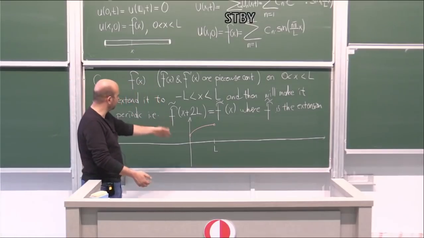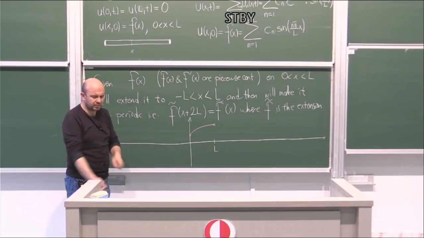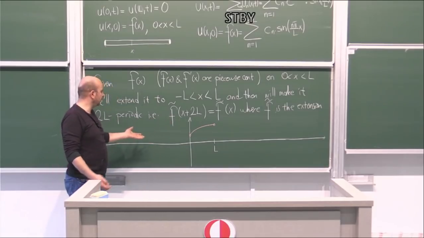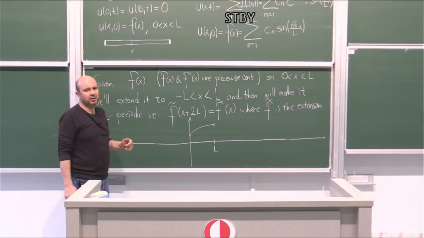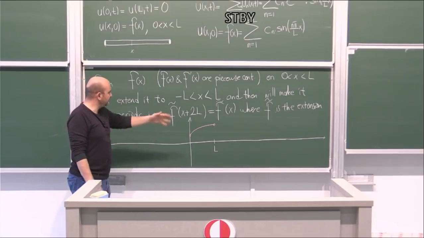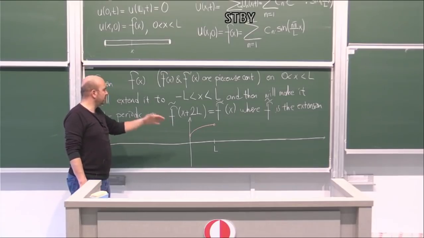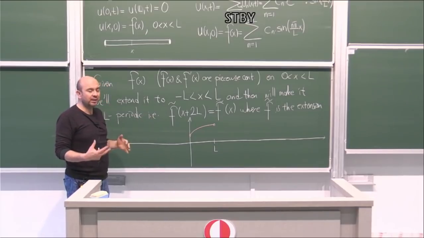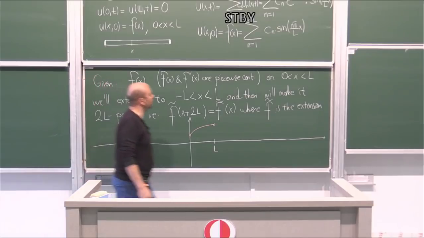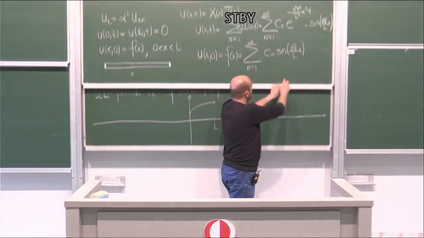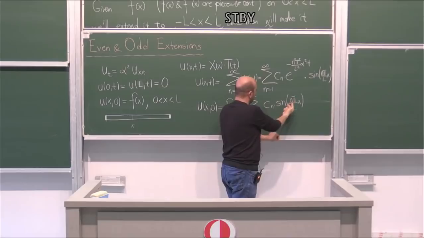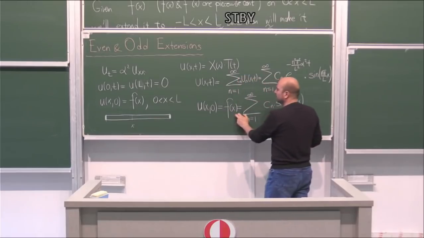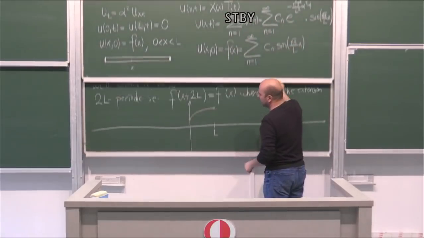Yes, it's piecewise continuous and its derivative is piecewise continuous, but unfortunately, it's not periodic. If you make it periodic right away, its period will be L, not 2L. So I have to make it 2L periodic. To use the pi over L in the formulas, this function must be 2L periodic.